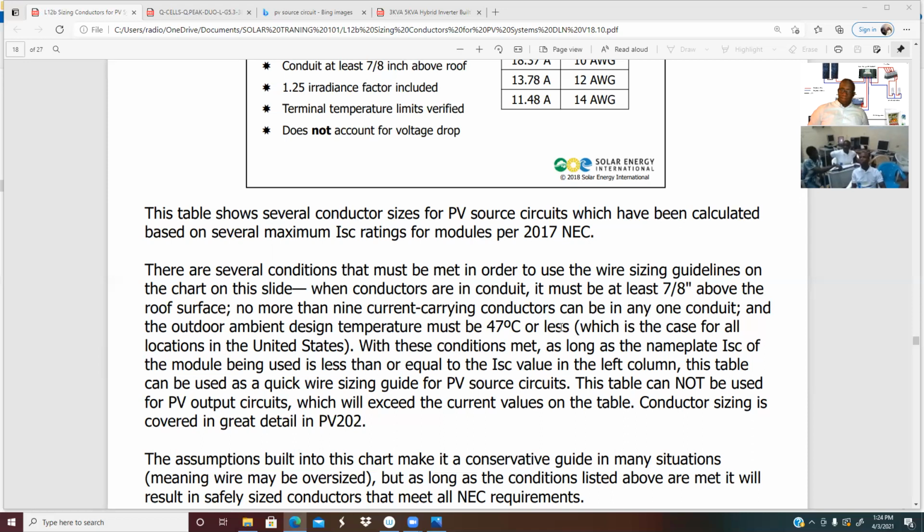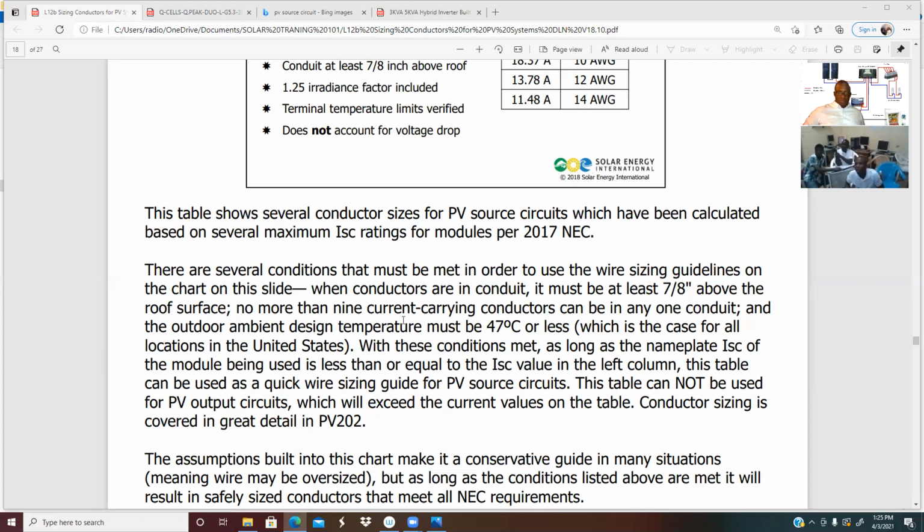Because so many conductors are in the same conduit, the temperature in the conduit will be very high, so the voltage in the wire will drop, and the current capacity will also be low. And if it is low, the current will not pick up the load, the devices that they want to use.